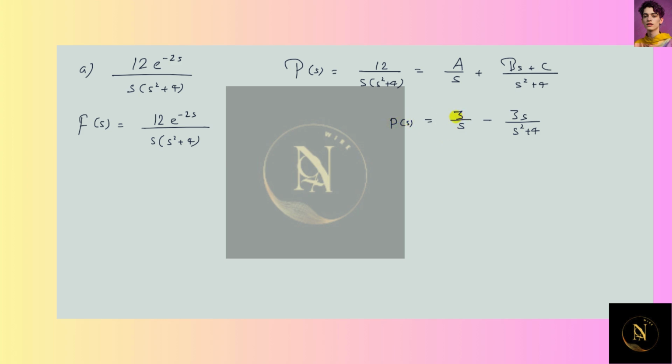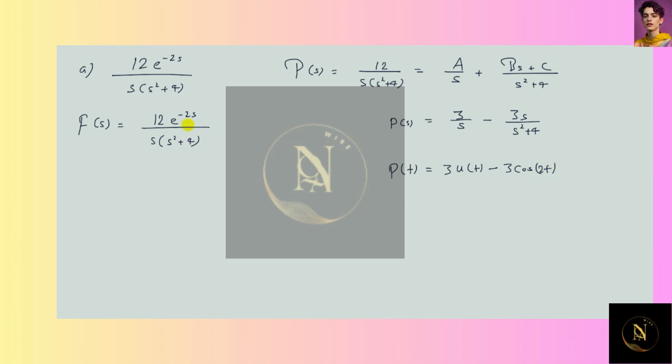Now when we convert into Laplace inverse, this would be the function of t: p(t) = 3u(t) − 3cos(2t), since it is 2 squared.